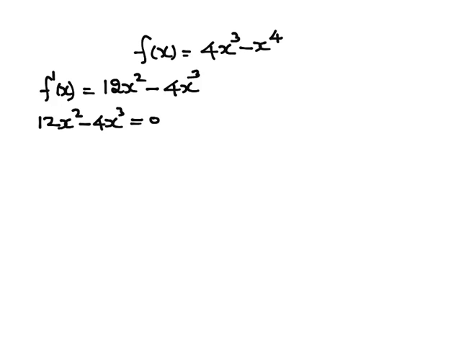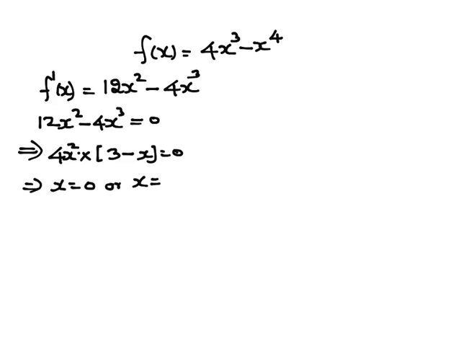Let me factorize it. I can take 4x squared common, which will give me 3 minus x, equal to 0, which means either x equals 0 or x equals 3.